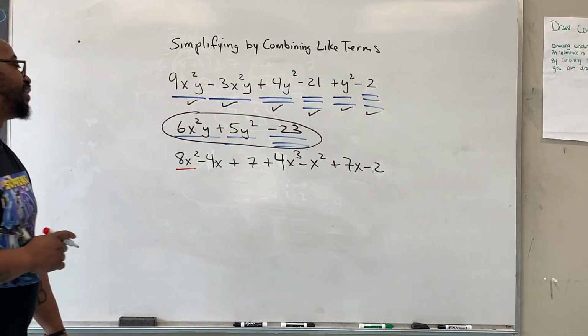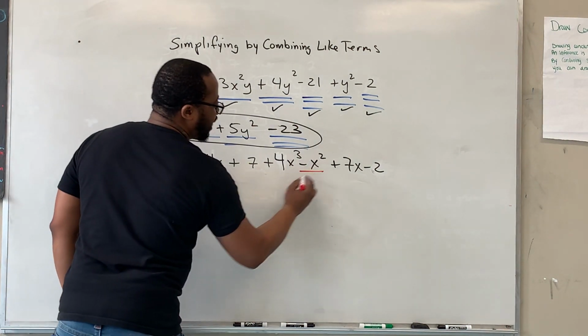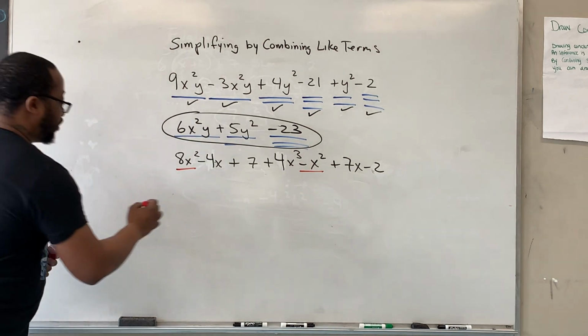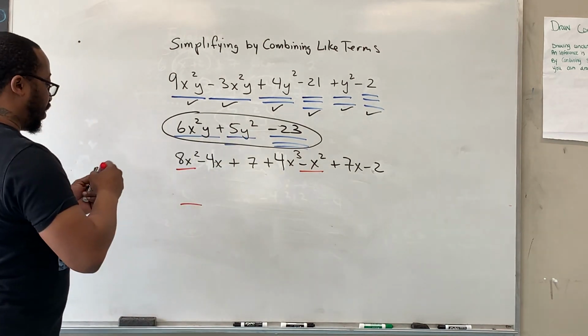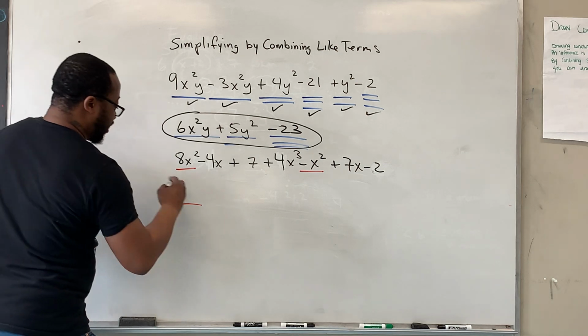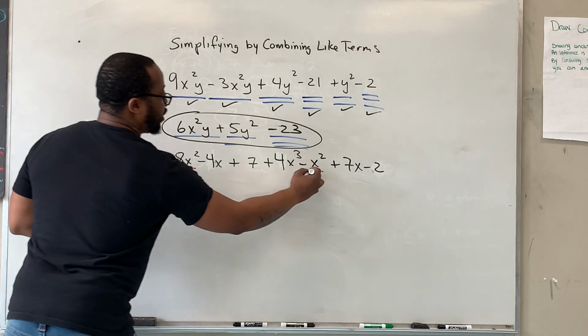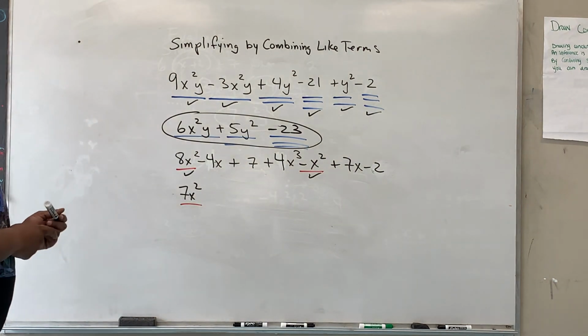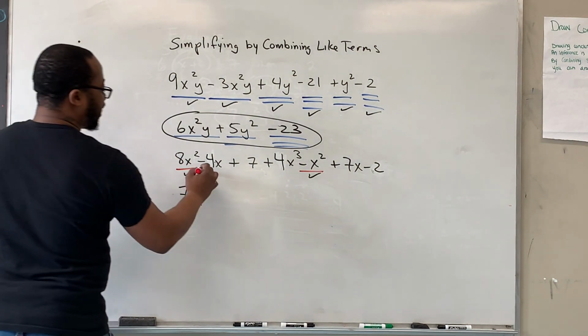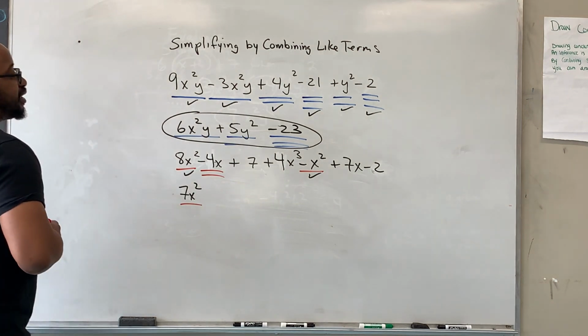Is there any other x squareds here? Yes, we have a minus x squared. So 8 minus 1 is going to make this 7x squared, okay? And these are checked off. Now the next thing I see is a minus 4x. I put my 2 ticks there.